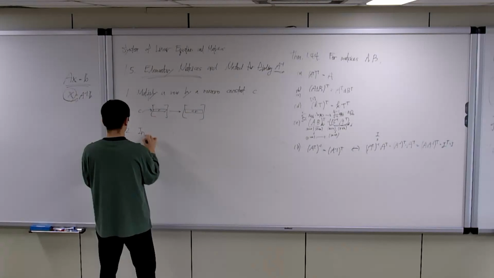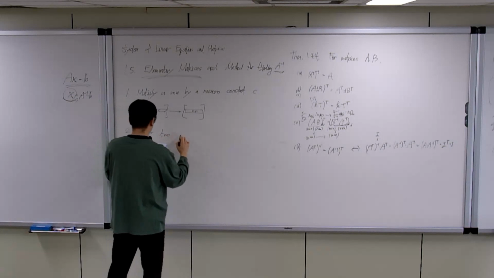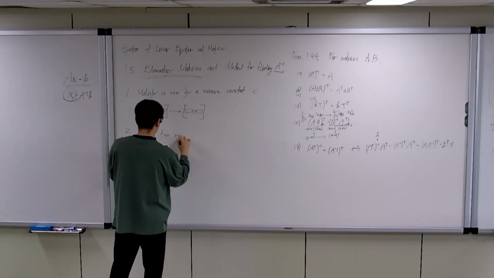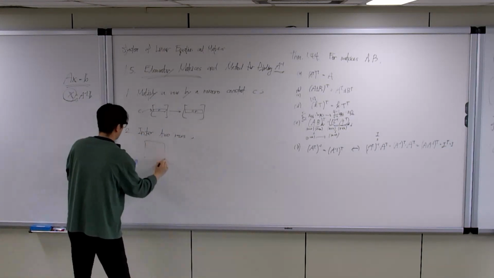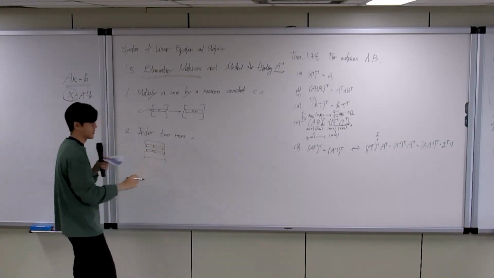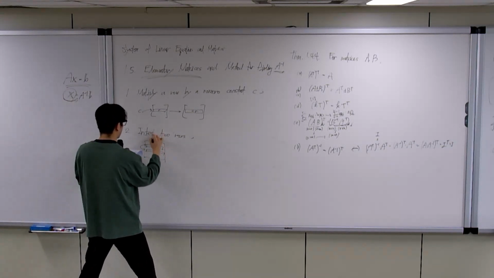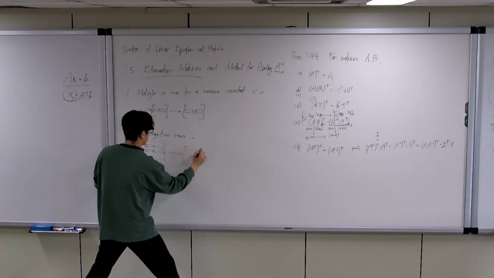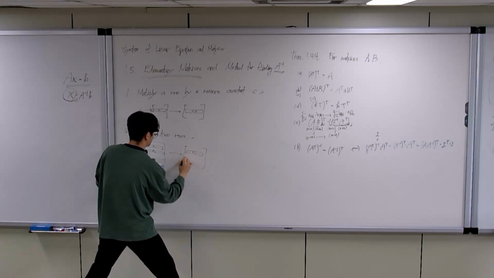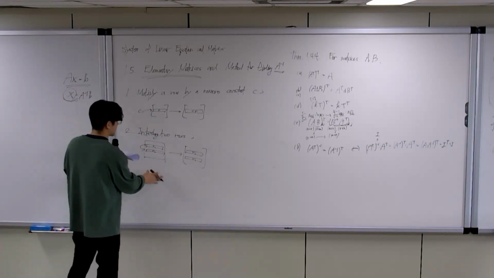There is another elementary row operation, interchanging two rows. If there are two different rows, R1 and R2, we can swap them. It is also a kind of elementary row operation.